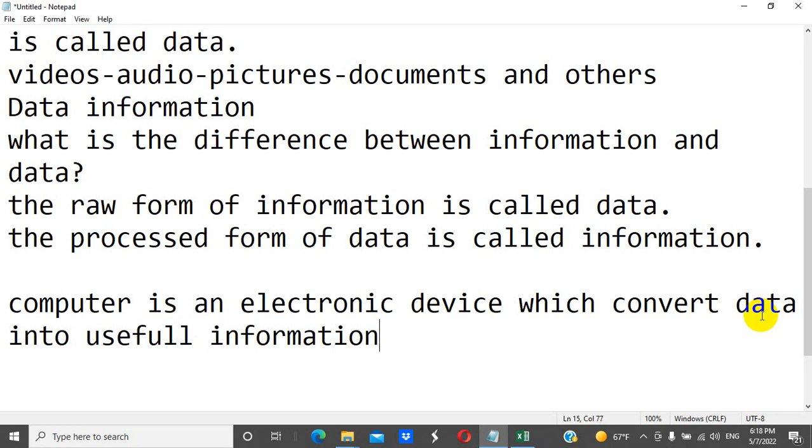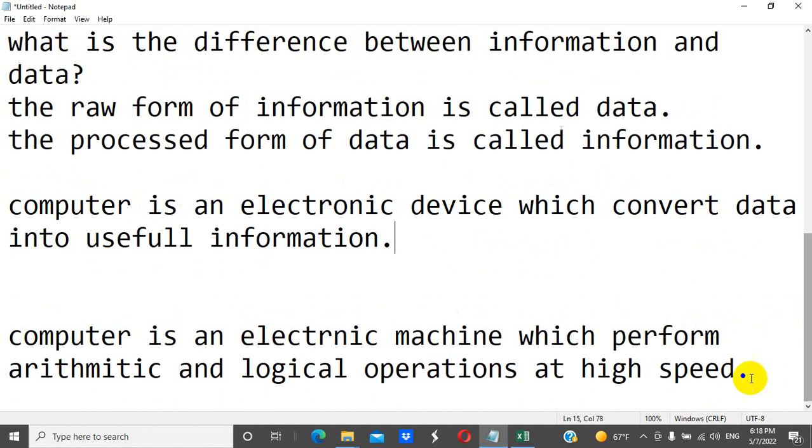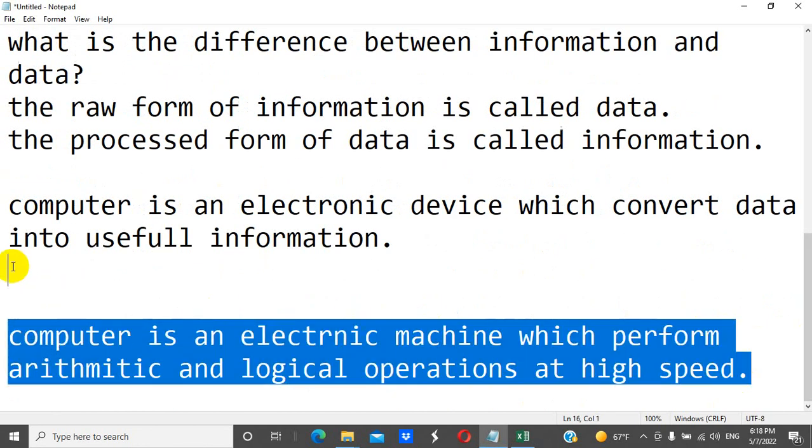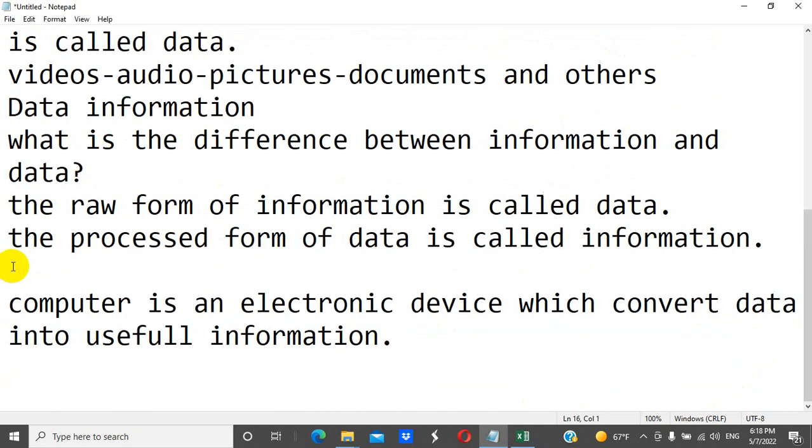For example, we can't say what that is or what we use these things for. After processing, it becomes information, and if the information is useful, we can make our decision about it. So that was the short definition of a computer. If someone asks you what a computer is, you can say a computer is a data processor, or a computer is an electronic device which converts data into useful information. That was the definition of a computer.